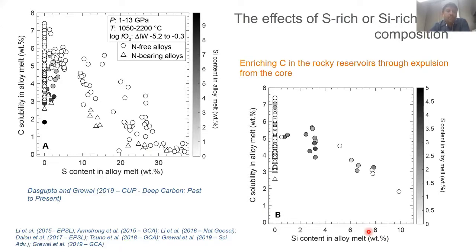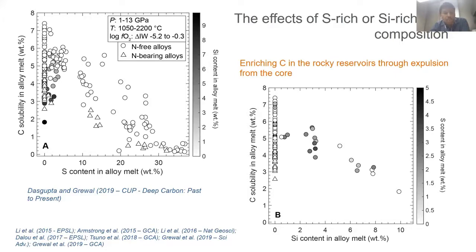Carbon, which was otherwise a very siderophile element in all our previous experiments and models, as I argued, may not be able to be that siderophile, because there will be a limit set by the sulfur content or silicon content of the alloy. And any excess carbon will then be expelled from the core and will float as graphite, flotation, crust, and so on, and contribute to the silicate reservoirs, right?